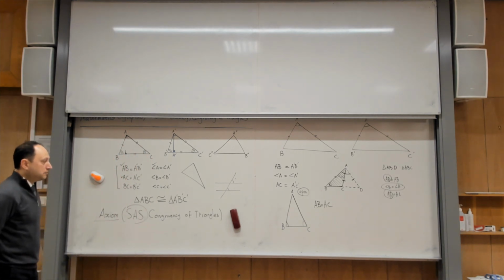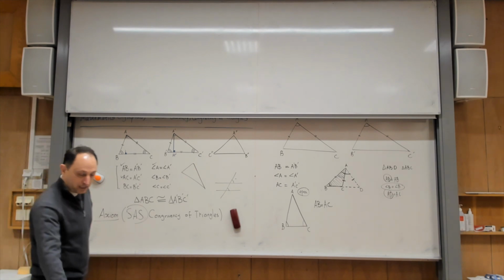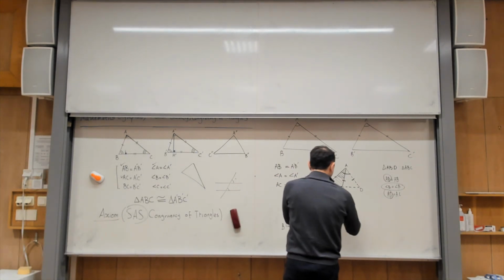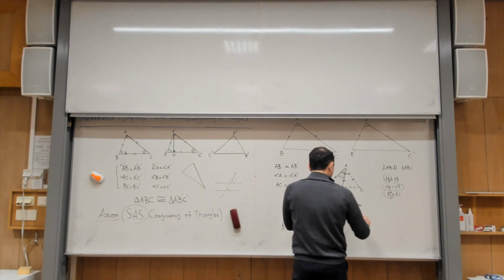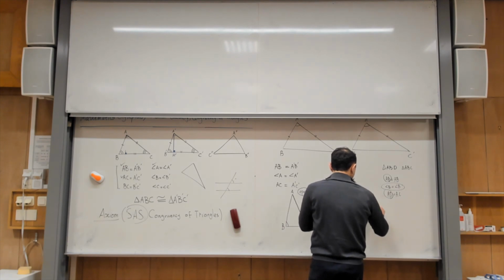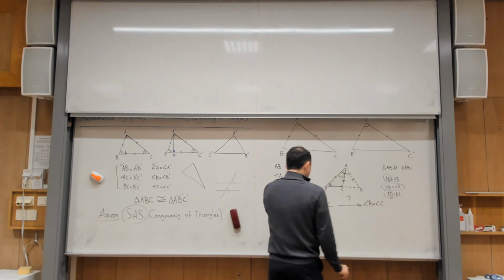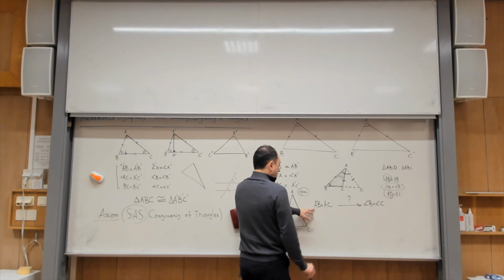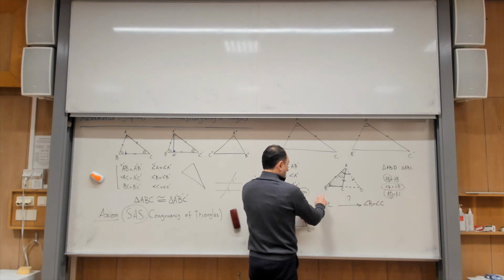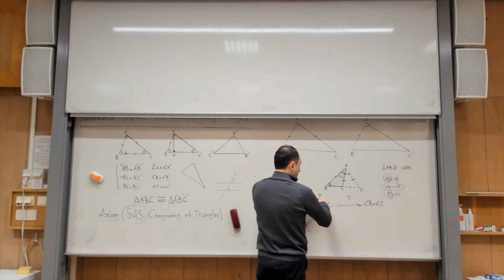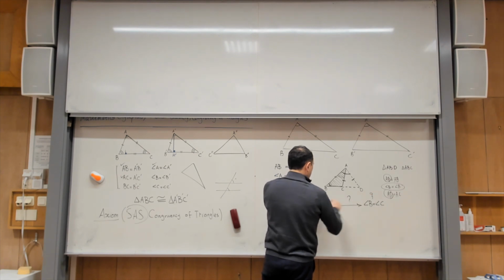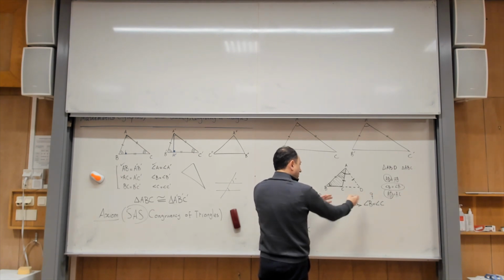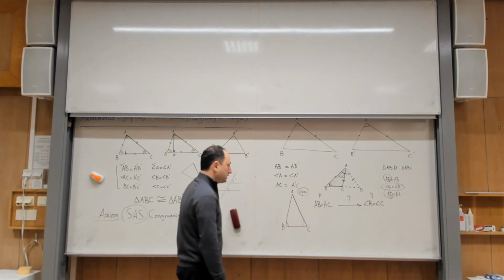Okay, so if AB is equal to AC, we want to prove that angle B is equal to angle C. But let me just talk a little bit about this. This is a statement, P. We want to prove if P is true, then Q is also true. This, if P then Q, as I told you before, is called an implication.